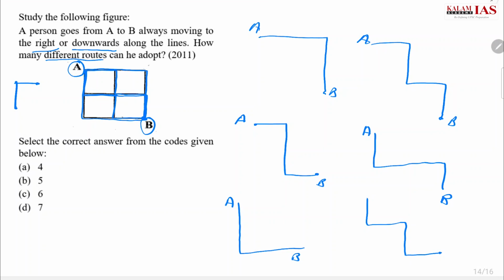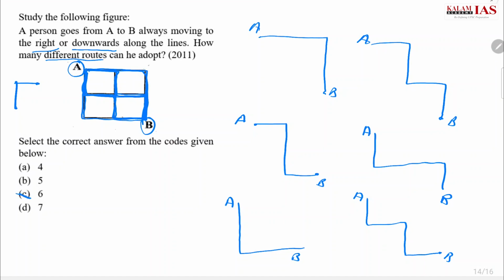This is the sixth method. I think we have covered all the methods. Let me check again: 1, 2, 3, 4, 5, 6. Yes, we have covered all the methods, and so we have 6 ways he can adopt.